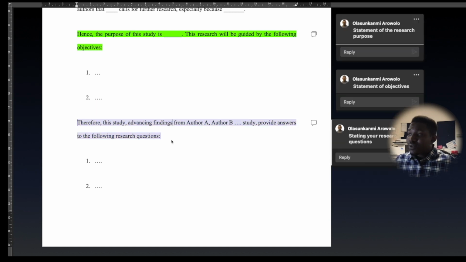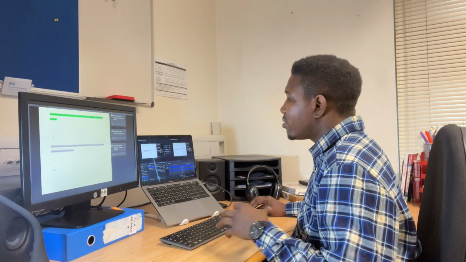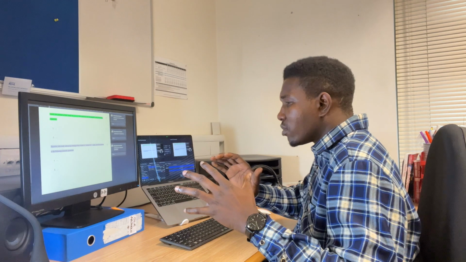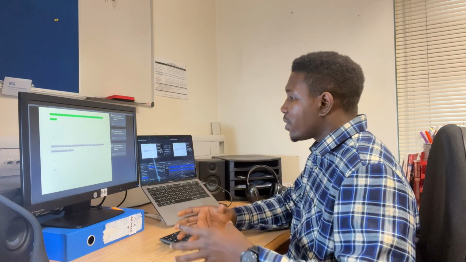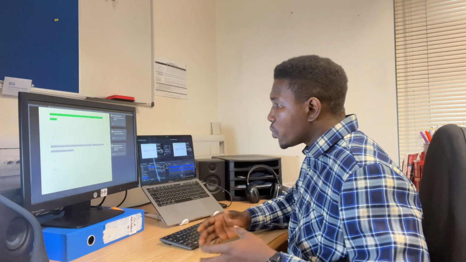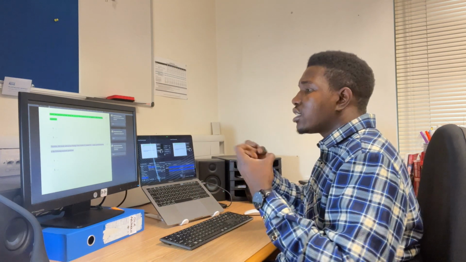It says findings from author A, B, and C provide answers to the following research question, and that makes it just a very easy flow from body of literature to the gap in knowledge to the purpose to the objective, and then that gives you a reputable, making sense research question.